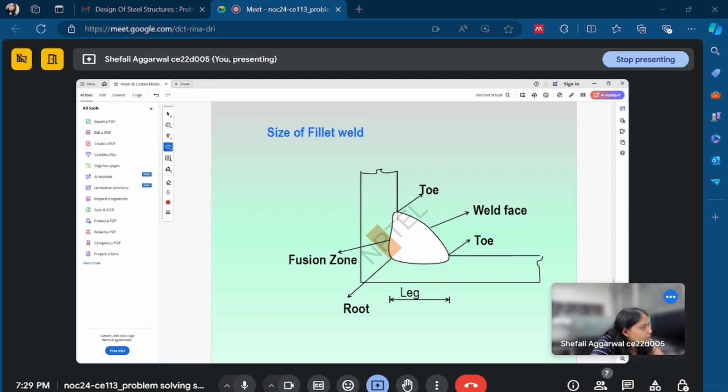So if we go by this line, this is a normal part of two plates. They're telling that if this root part is very deep, more than 2.4 mm, then we take our size of weld as leg plus 2.4.